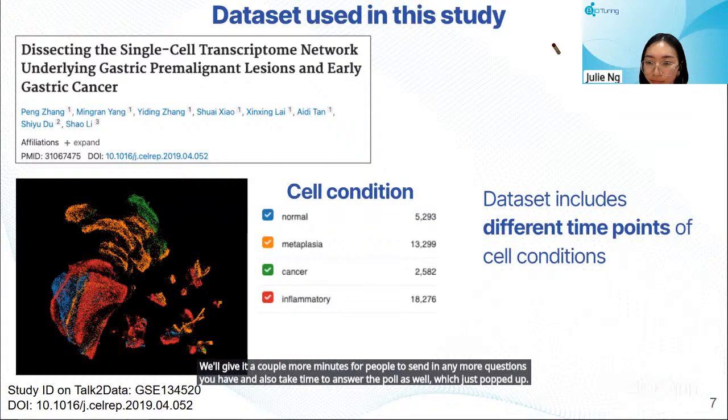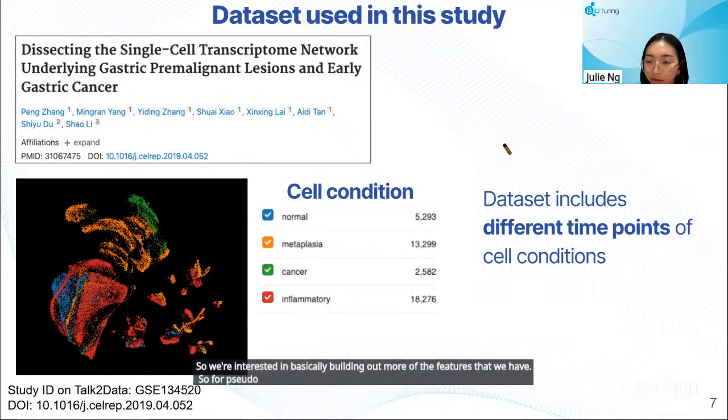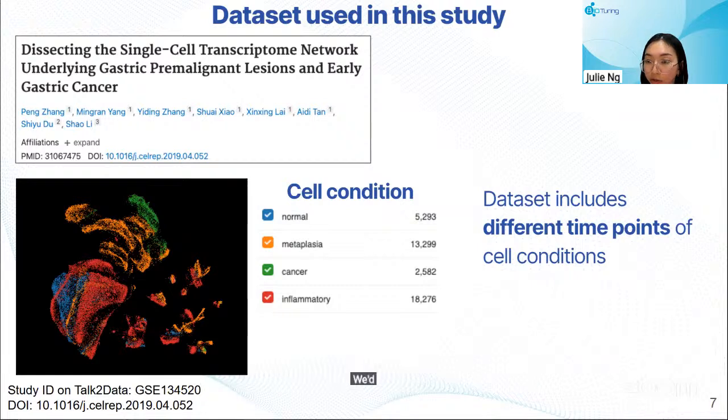We're interested in basically building out more of the features that we have. So for pseudotime, if any of you have already played around with pseudotime or trajectory analysis, we'd like to see what more you're interested in seeing in that analysis. Same with cell-cell communication and differential gene expression analysis as well.